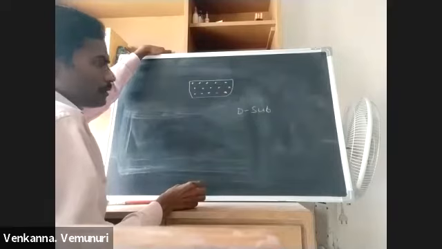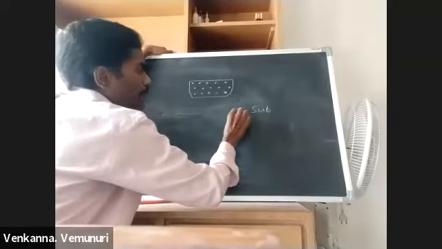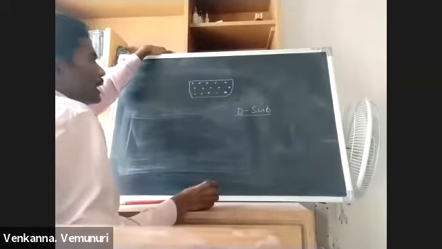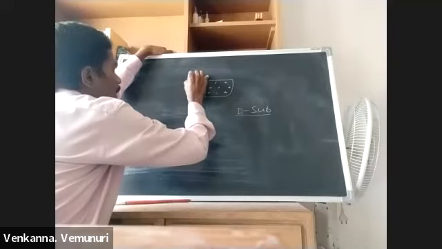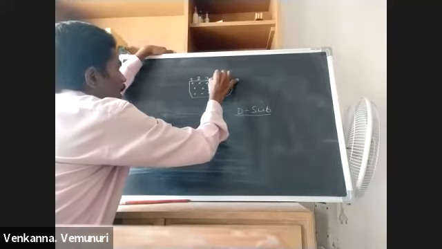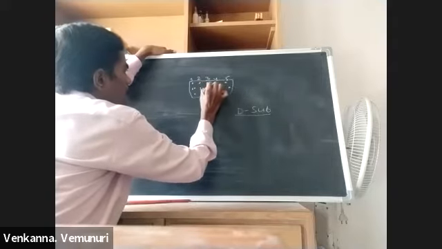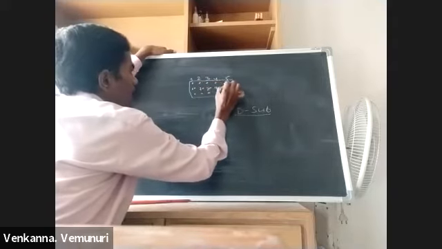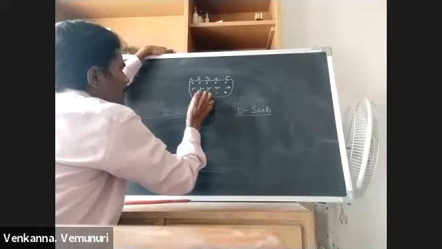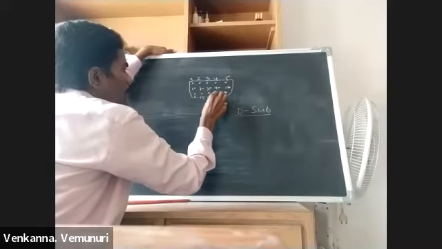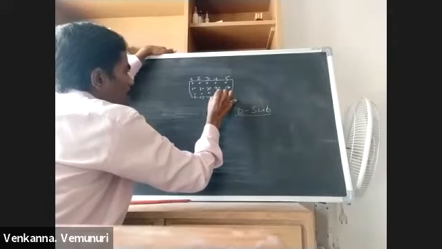Generally we call it a VGA connector, but the technical name is D sub connector. Here are pin numbers 1, 2, 3, 4, 5, 6, 7, 8, 9, 10, 11, 12, 13, 14, 15.